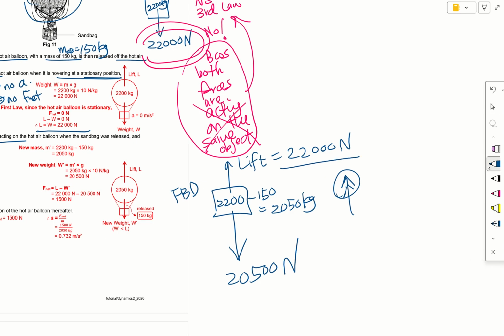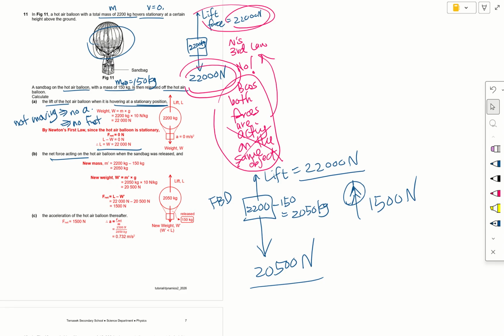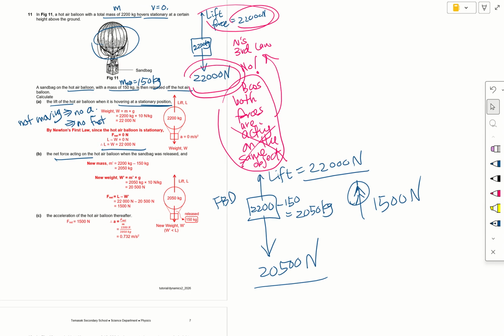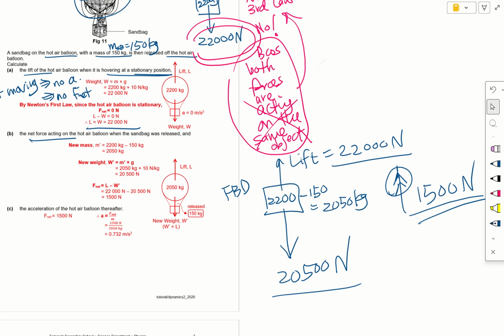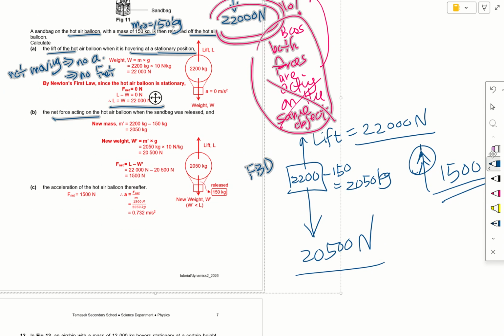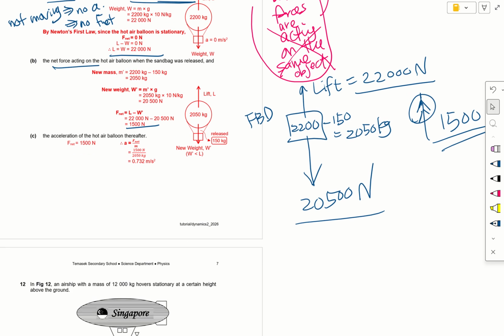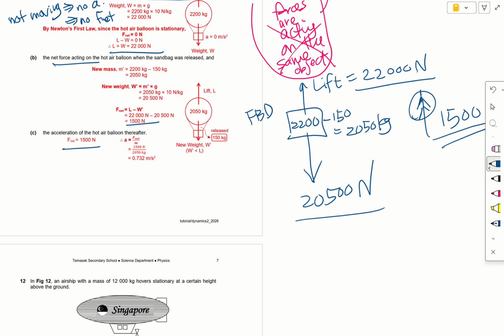Okay, so I will take the larger number minus the smaller number. So I will have 1500 Newton as my resultant force, as compared to just now whereby there is no resultant force. Since now there's a resultant force, they can actually ask us to calculate the acceleration of the hot air balloon.